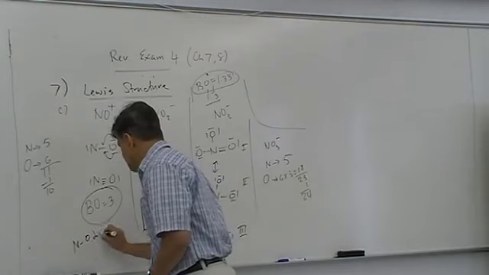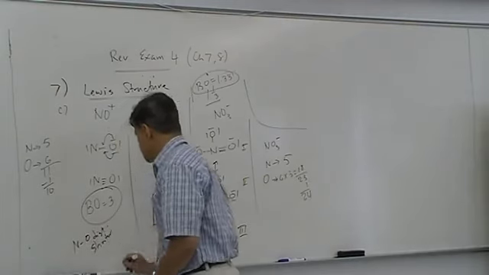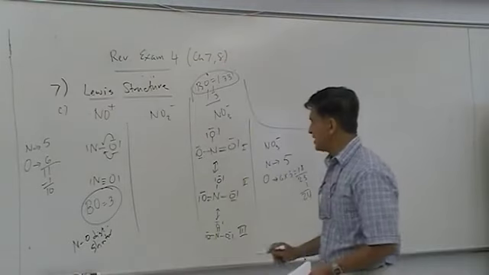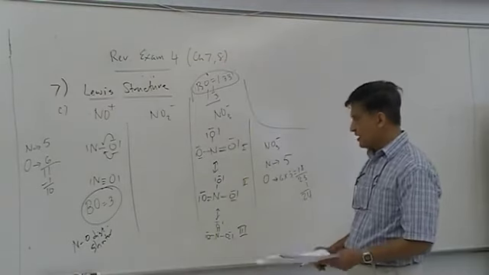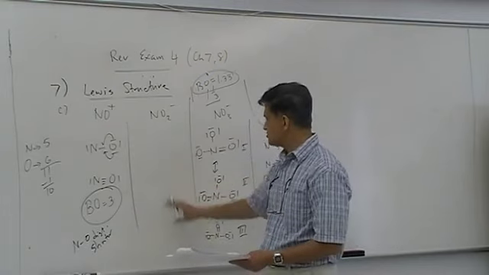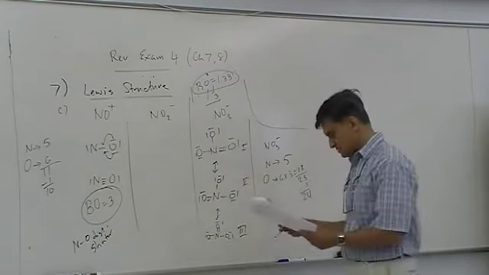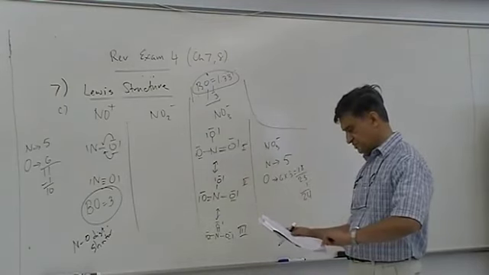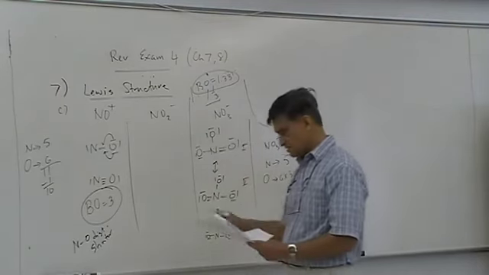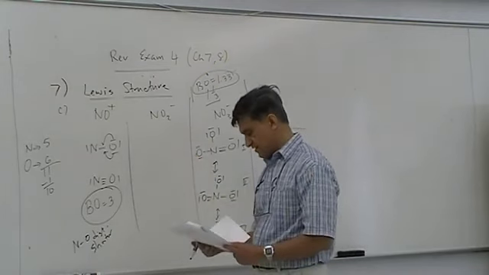NO distance is shorter in this case compared to NO3 minus. I'd like you to work on NO2 minus yourself and see where you place NO2 minus compared to NO plus and NO3 minus. So that would be good practice for you. But I can give you the answer. I think you're going to get 2 resonance structures for this, and bond order is going to be 1.5.